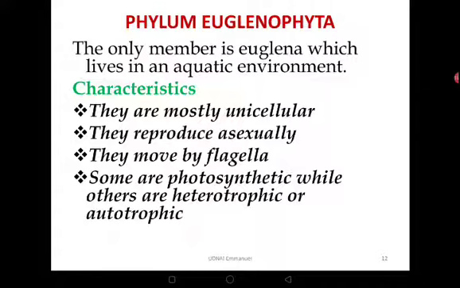And we are going to look at the characteristics of the euglena. They are unicellular, they reproduce asexually, they move by flagella, just like the Zoomastigina members, they also move by flagella. Some of them are photosynthetic. In fact, most of them are photosynthetic. However, others are heterotrophic.